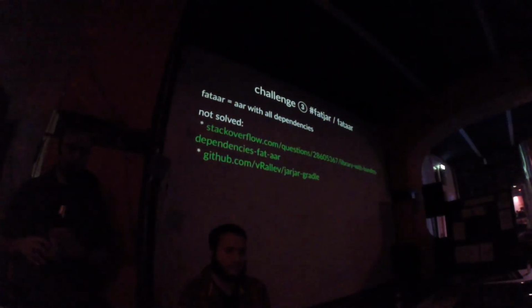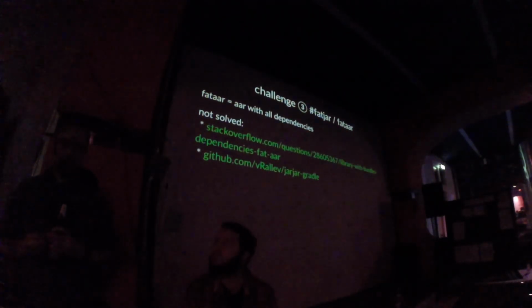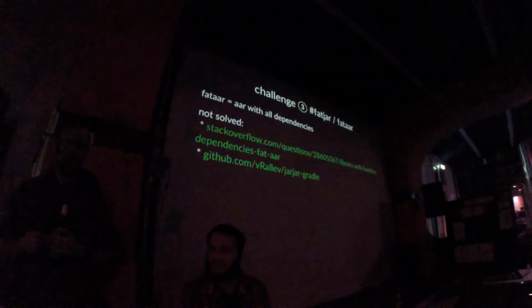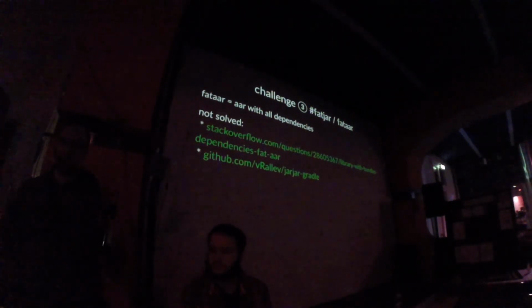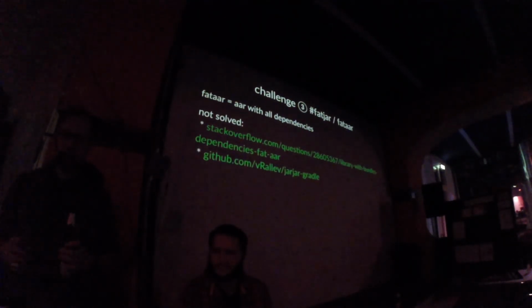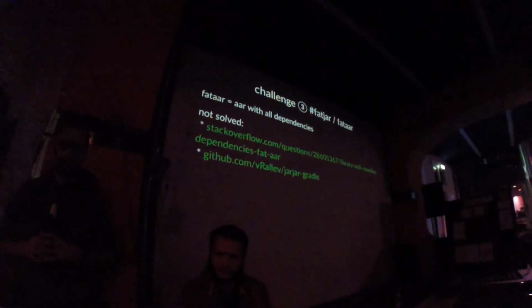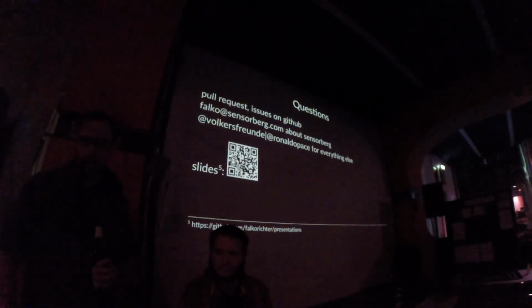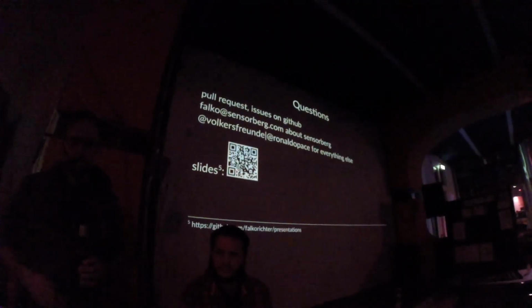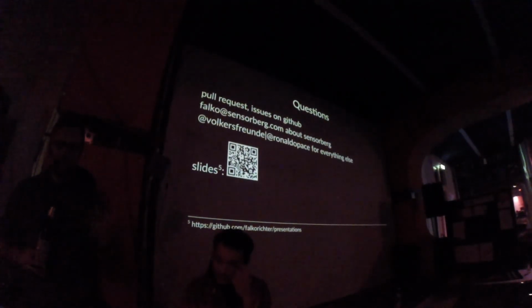This was more important a couple of years ago when people didn't really know what an AAR was, and maybe they can include an AAR, but also get other dependencies somewhere. There's this fat jar plugin, but that's again a jar plugin, and that doesn't help with an AAR. That's basically it.